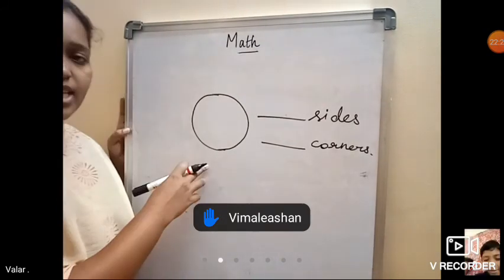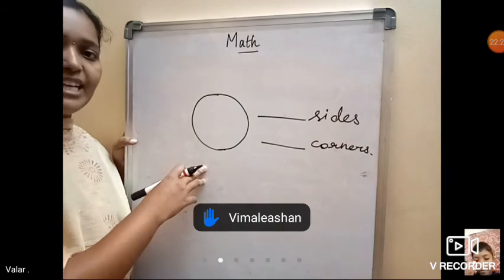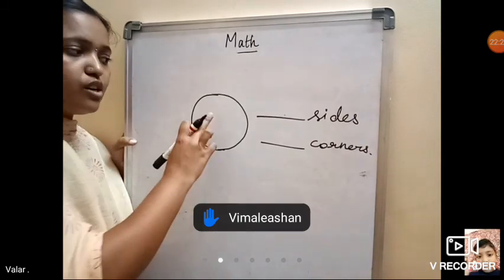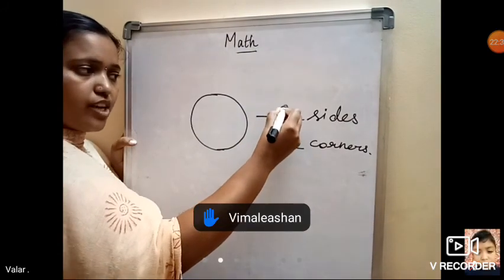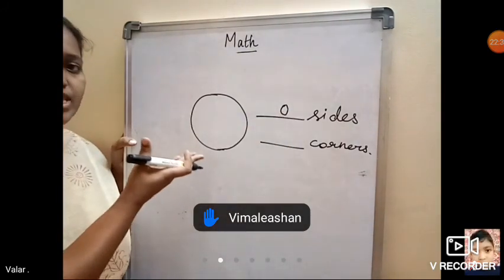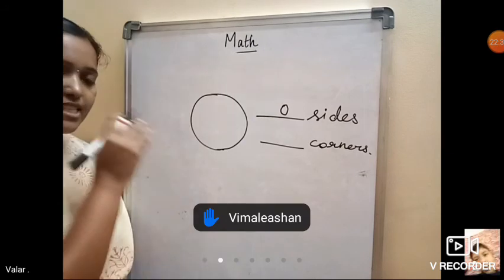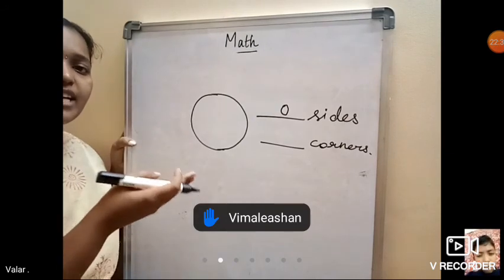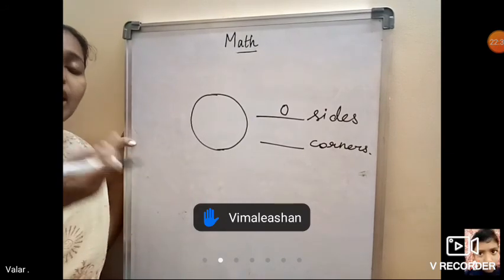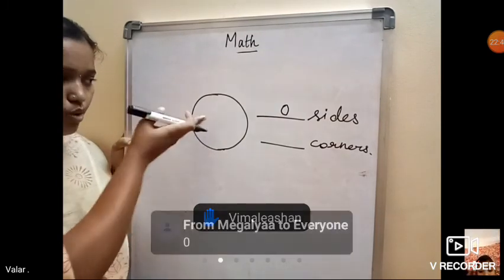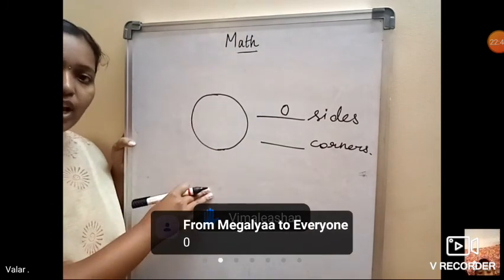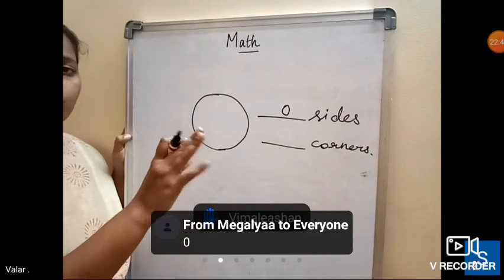So here you can see there is no straight line in the circle. So there will be no side, zero sides. Only if it is a straight line, horizontal line or vertical line, will we get a side. So in a circle, in an oval, there will be no sides.